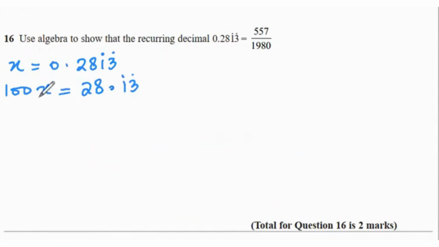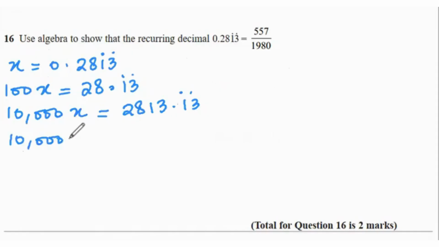As you can see, if we compare x with 100x, the numbers after the decimal are different. Next, we can multiply x with 10,000. So 10,000x equals 2,813.13 recurring.